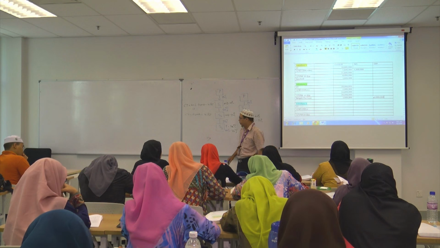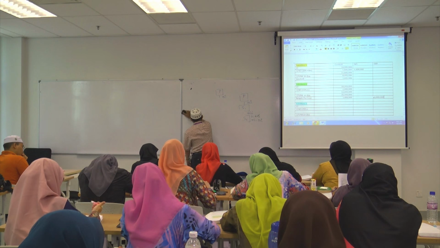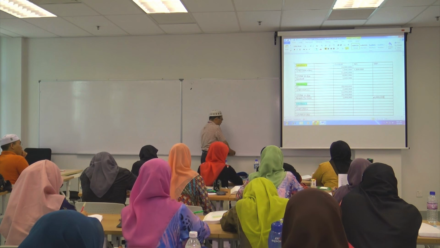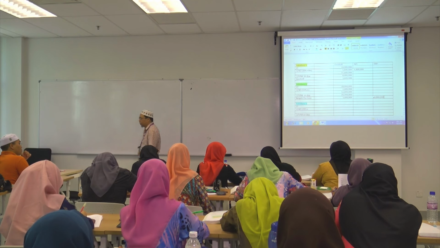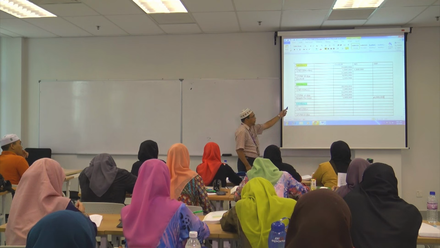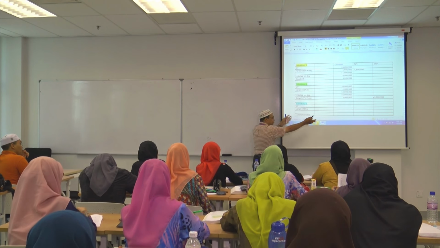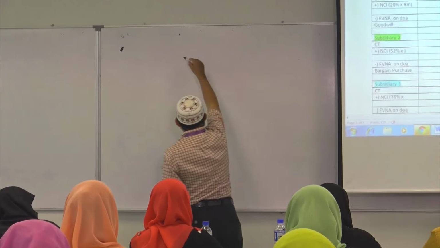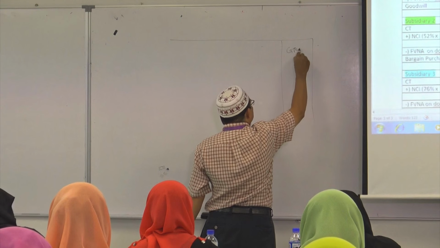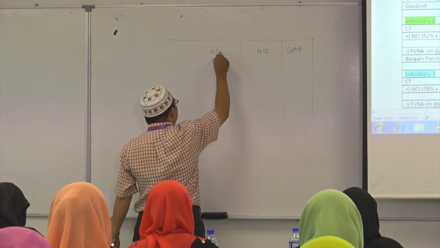Why? Because there's a tendency that you will forget to record that in your schedule. Majority of you must still remember that if you have bargain purchase, you can record it in the schedule. Let's say we have this schedule. I'll draw this schedule. This is group retained profit, this is NCI, this is your goodwill.